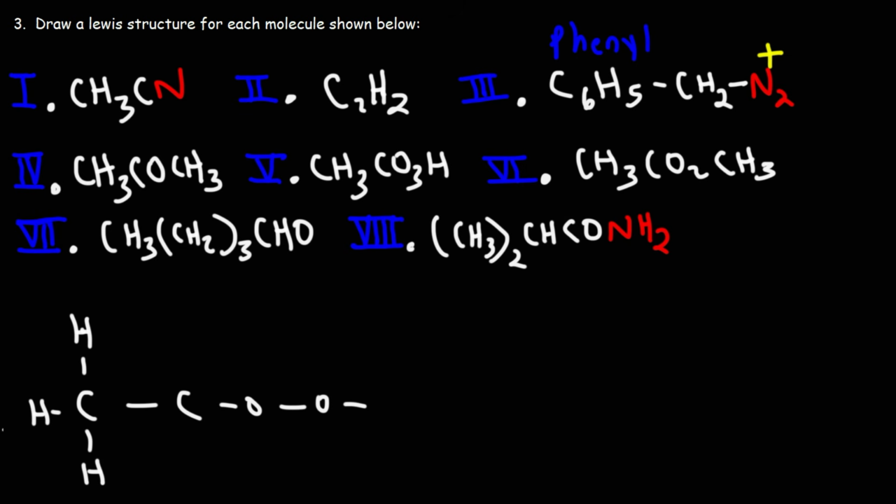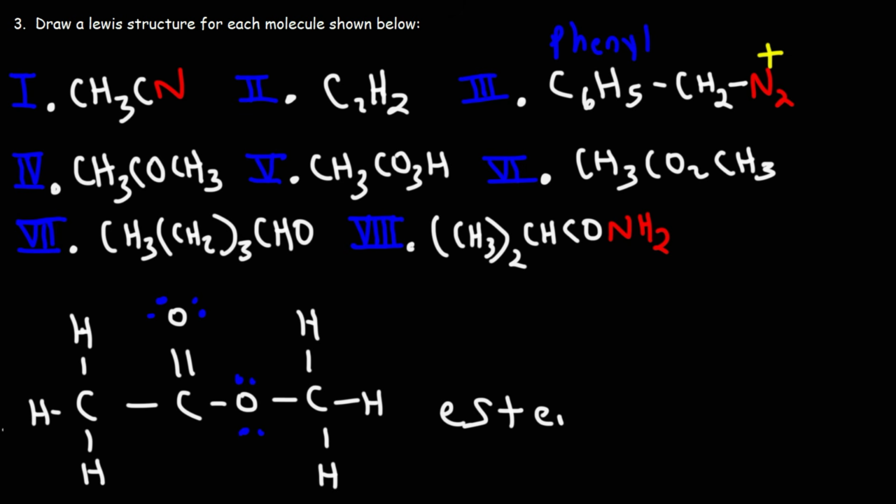If we were to put the CH3 here, carbon will still have just 3 bonds and not 4. The only way to make this work is to do it like this. In this way, every carbon atom has 4 bonds, and each oxygen atom has 2 bonds and 2 lone pairs. So what we have here is the ester functional group.